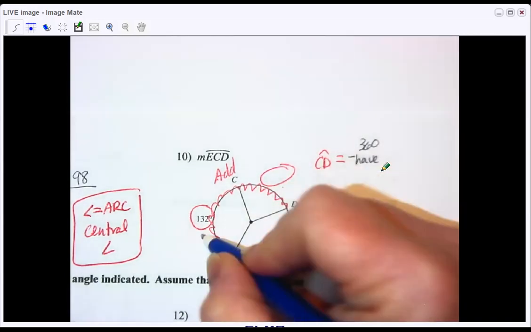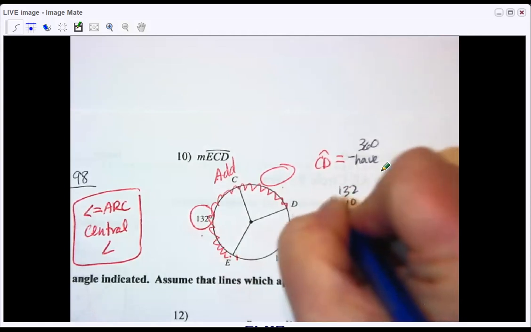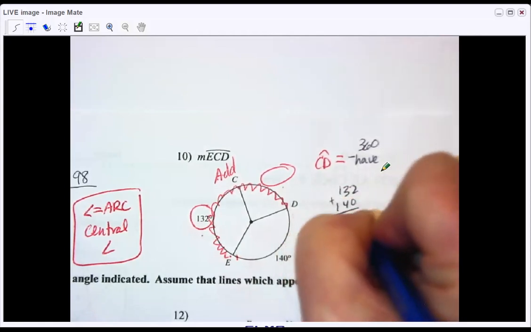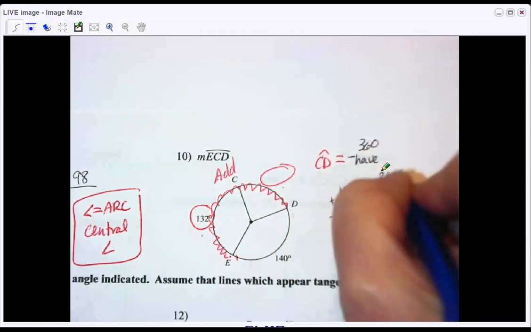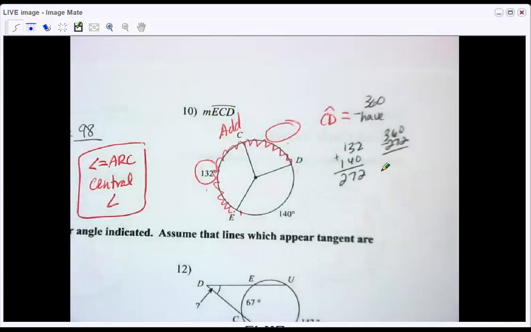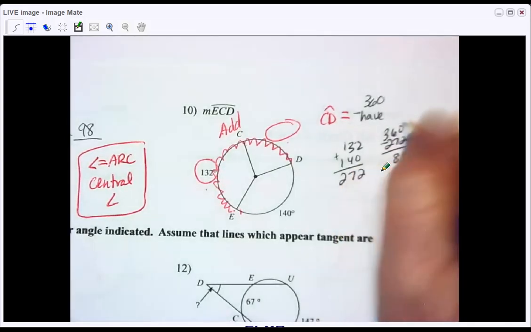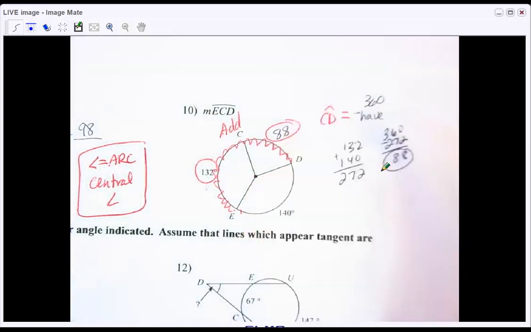So we have 132 and 140 to get 272. So then I'm going to take 360 minus the 272, and I'm going to get 88. So this is 88.